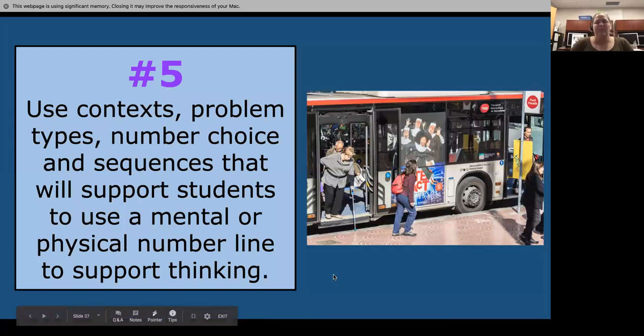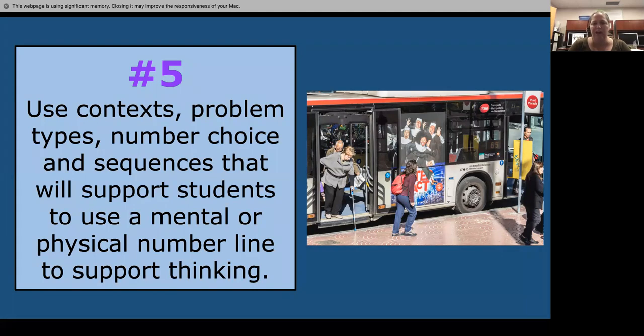So the last thing, we've just got a couple of minutes left. The last thing that I wanted to talk about supports students to use a variety of strategies. Maybe sometimes they'll add up and sometimes they'll subtract, or work backwards. Sometimes they'll think about it as removal, and sometimes they'll think about it as adding up. We can support them to do those things based on the context or the problem type.